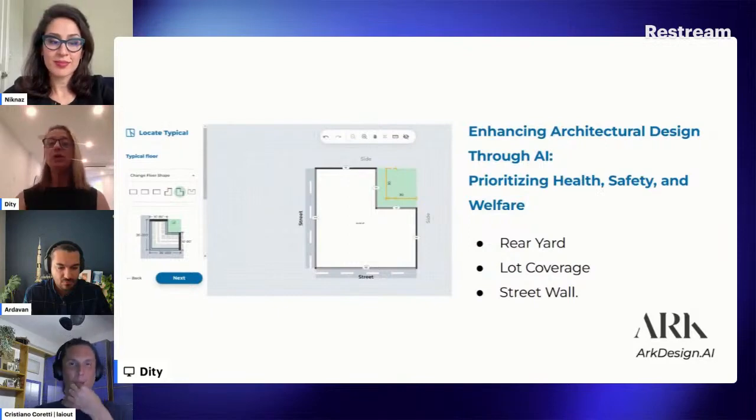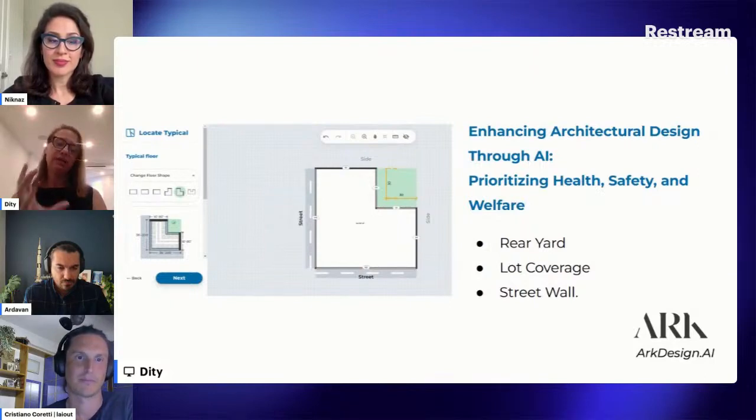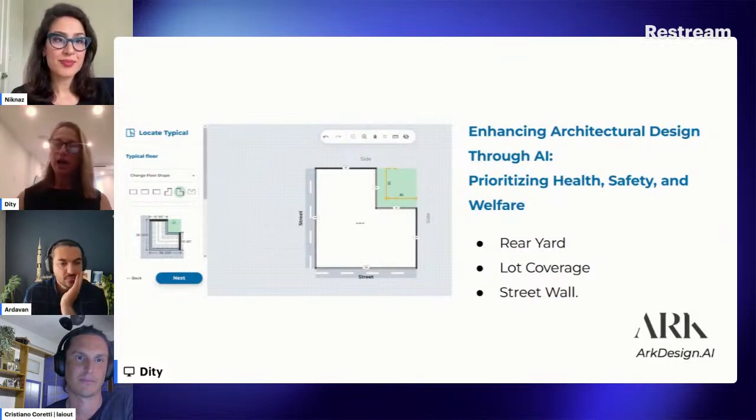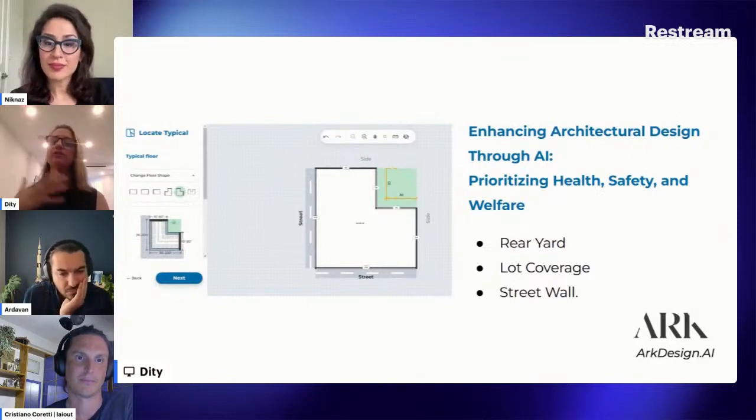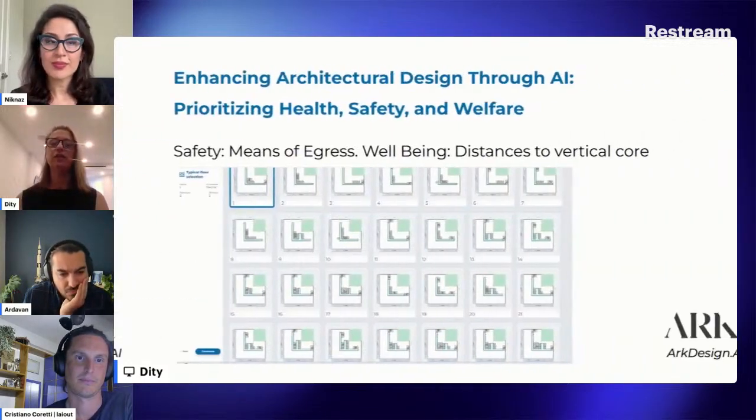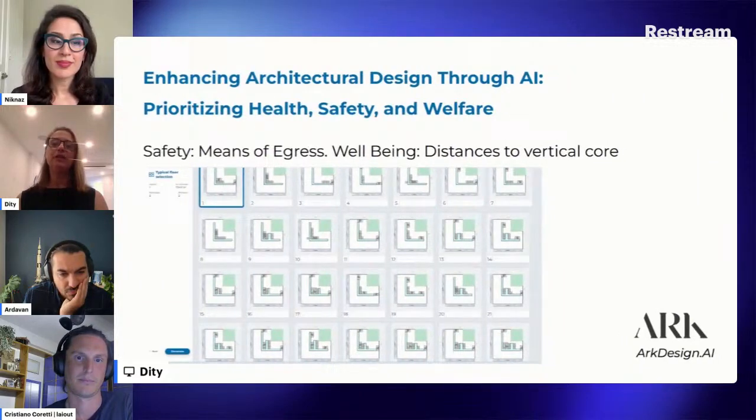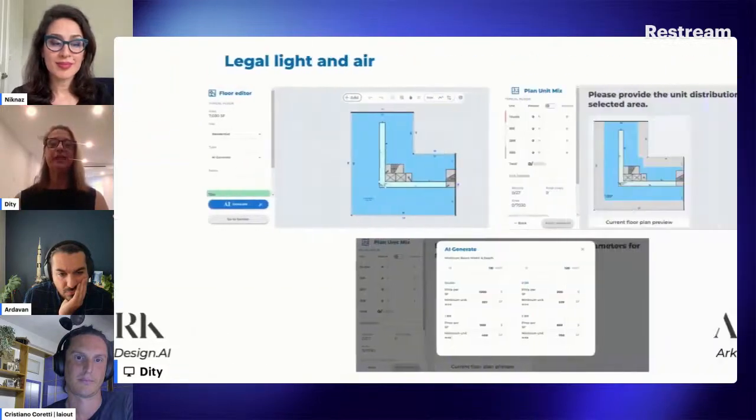It will offer the user where to place templates, and it's considering rear yards and lot coverage and street wall and all the regulations that usually have to be calculated. And then it offers a lot of layouts, first stage for the vertical cores and the circulation areas.